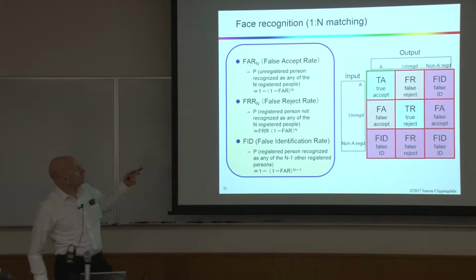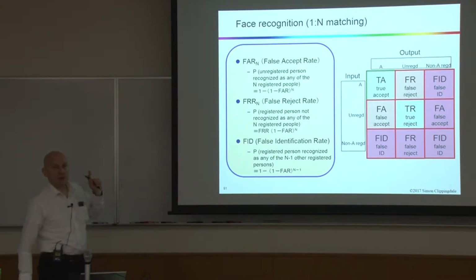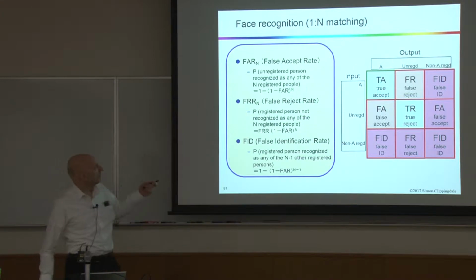And if you look at the false accept rate for this type of system, this is the probability that an unregistered person is recognized as any one of the n registered people. And relative to the simple verification one-to-one false accept rate, the false accept rate with a suffix n there looks like this.